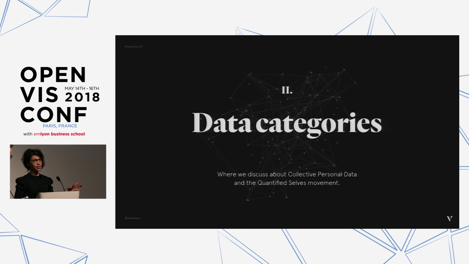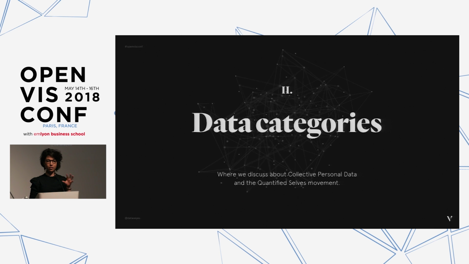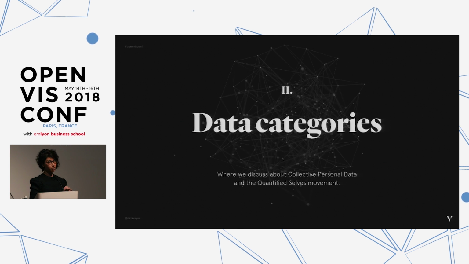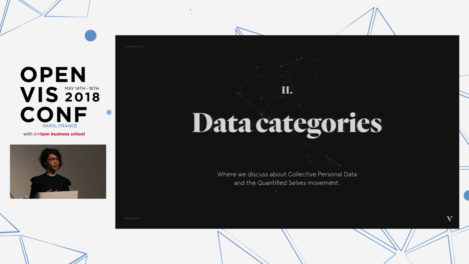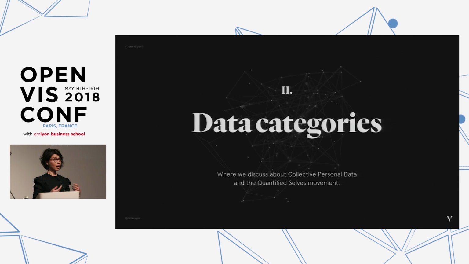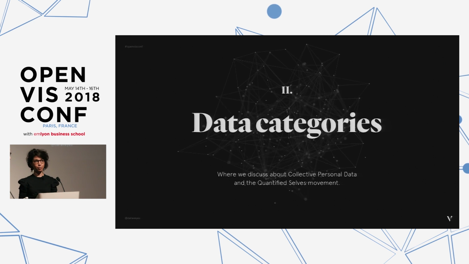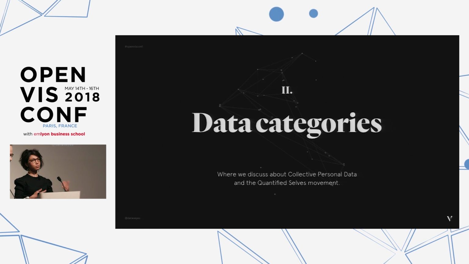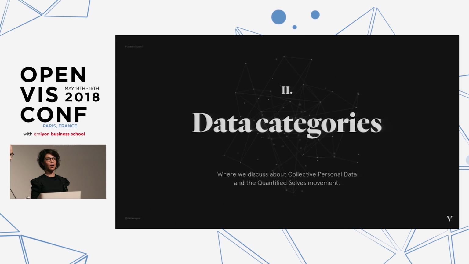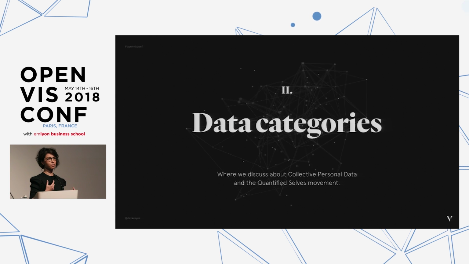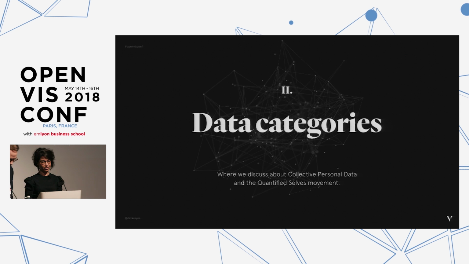Sometimes it's very large time series, and sometimes it's personal data. And that's quite interesting for us because we find that, in the end, our ability to make visible the invisible is often correlated to our ability to make visible personal data.